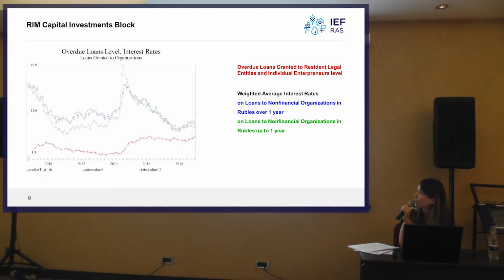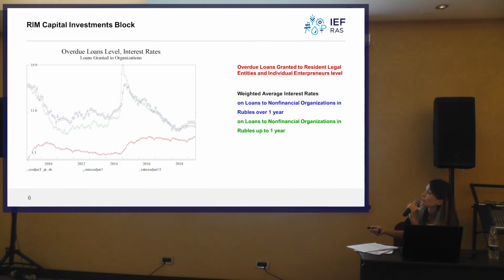What else happened in the crisis year? In 2015, we see that the interest rate on loans to non-financial organizations up to 1 year, the green line, exceeded the interest rate on loans to non-financial organizations over 1 year, and then these rates were almost equal most of the time during the 4 years.